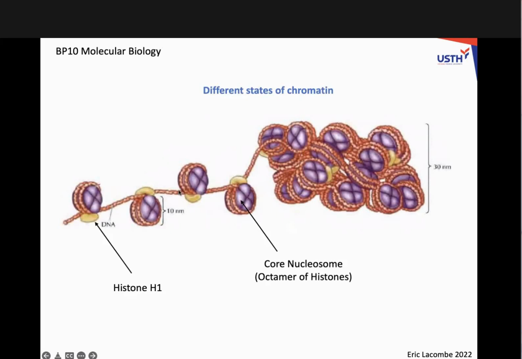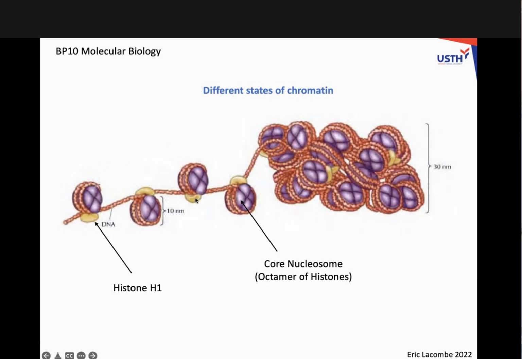We will talk about this H1 histone, because it plays a very important role. It participates a lot in the shift between relaxed chromatin and compacted chromatin.